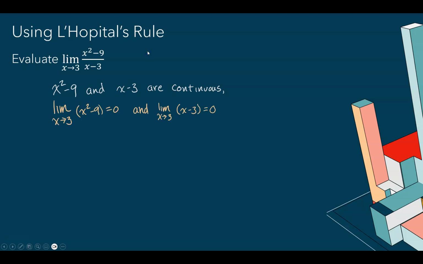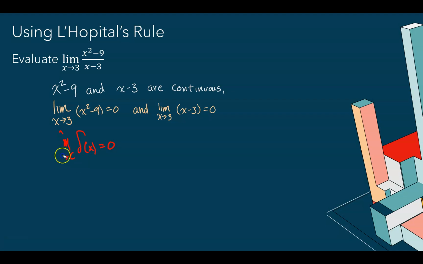Now the next thing we need to write down, as I did in the proof, is that the limit as x approaches c of f of x has to be equal to 0, and the limit as x approaches c of g of x has to be 0.